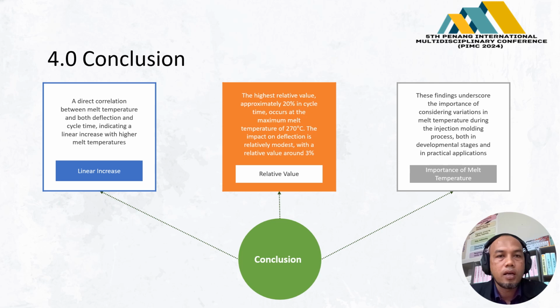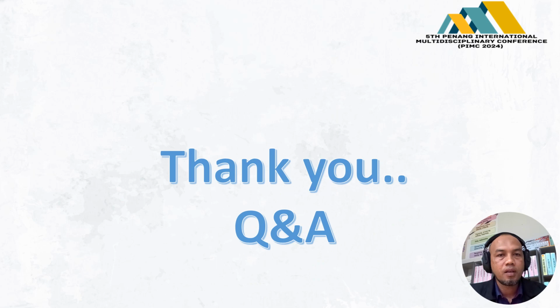In contrast, the impact on deflection is relatively modest, with a relative value of around 3%. Third, the findings highlight the importance of considering variation in melt temperature during the injection molding process, both during the development stage and in practical application.